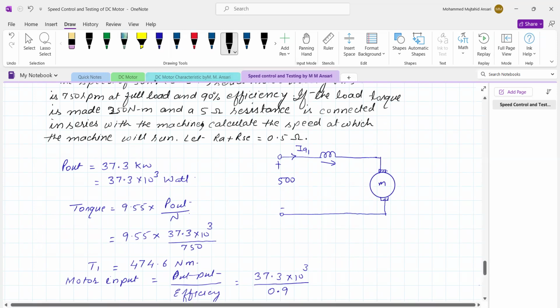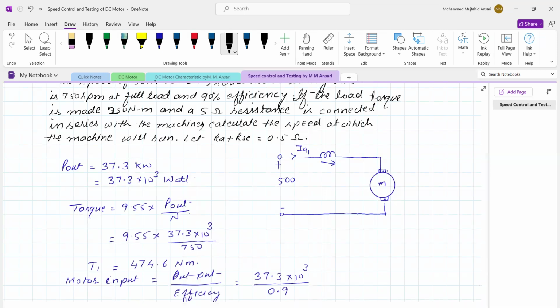So when we are connecting the resistance, definitely it is just like the armature control method, and in the armature control method speed is going to reduce. So the initial speed is 750 rpm. While connecting any value of resistance in series with the armature, the new value of speed will definitely be less than the 750 rpm, the initial value.